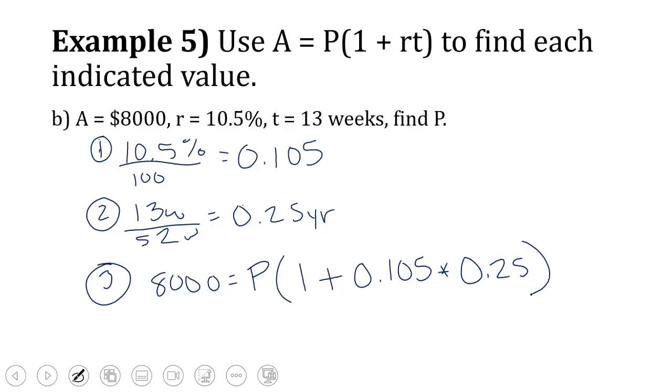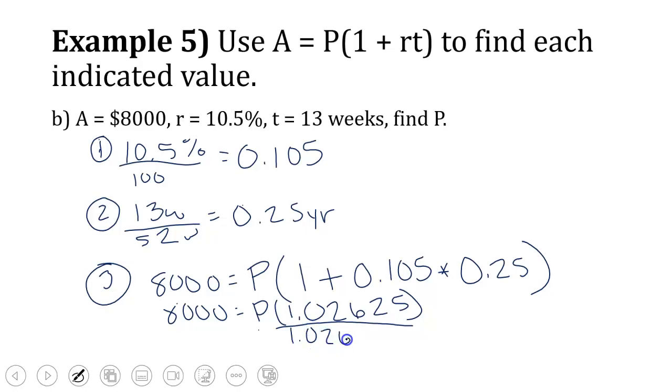All right, so solve everything in the parentheses. Multiply, then add your 1. So you will get 8,000 equals, leave the P, and then we have 1.02625. Well, we need to get P by itself, so they're connected through multiplication. So to get rid of it, divide both sides by the 1.02625.